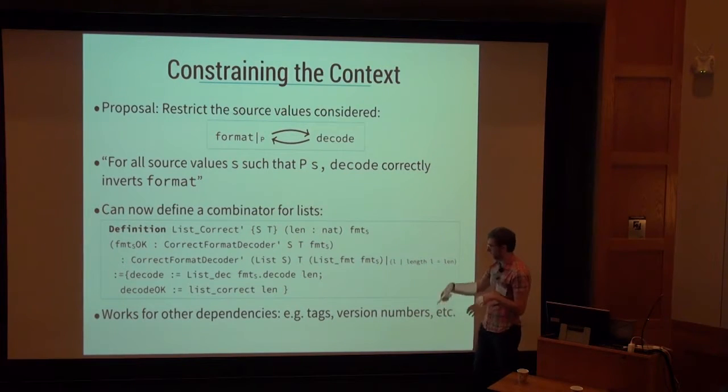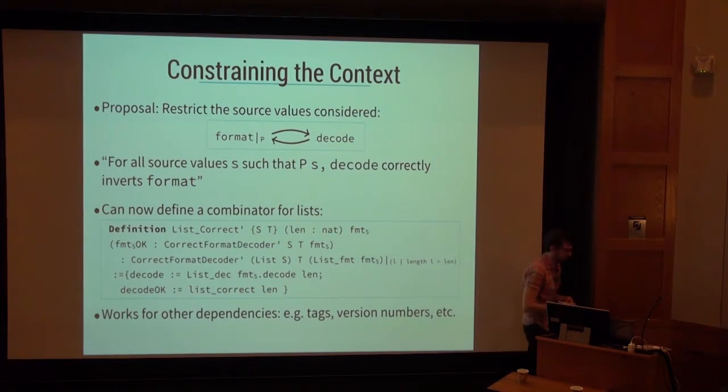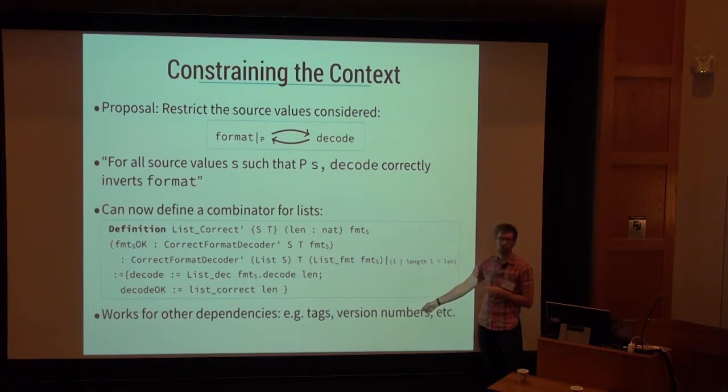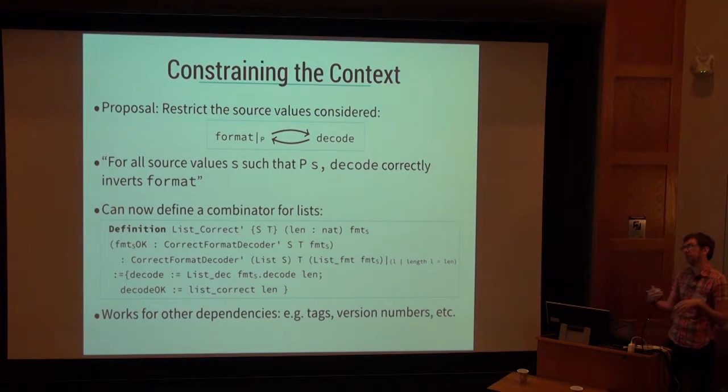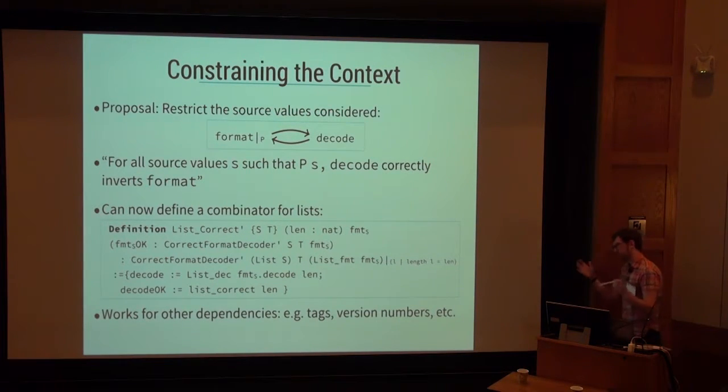There are many different versions of different protocols, and how you interpret a particular binary string very much depends on what version of the protocol you're using. So IPv4, or IP version 4, is interpreted differently than IP version 6, and so on and so forth. There are many examples of this floating around.